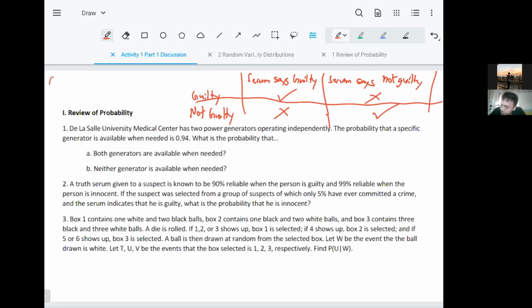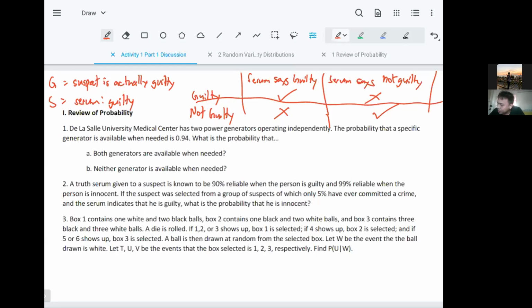Let's make G the event where the suspect is actually guilty. And then S, serum guilty. Kanya ko na lang isulat. Sabi nung pag ka-inject ng serum, sabi guilty daw.